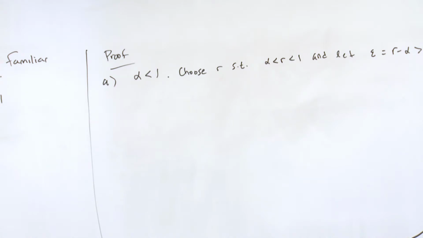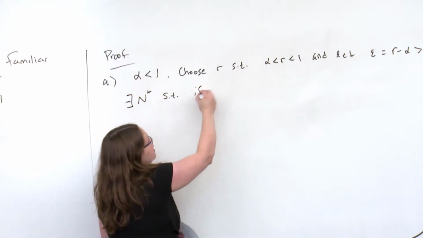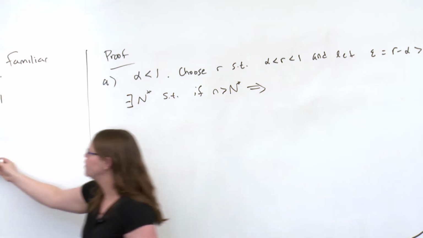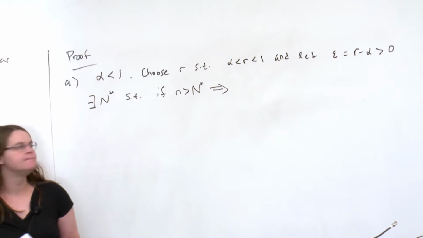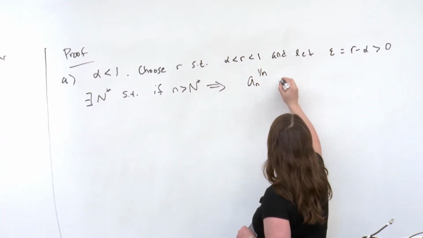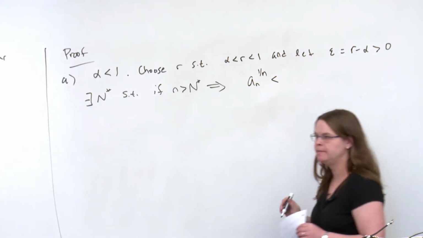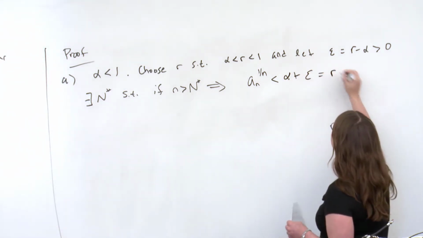Actually, the proof of part A goes the same as last time, basically. So again, we know there exists some n star such that if n is bigger than n star, then, how do we define the limit superior? We're taking the limit superior of a_n to the 1 over n. So a_n to the 1 over n should be less than alpha plus epsilon, which again is r.